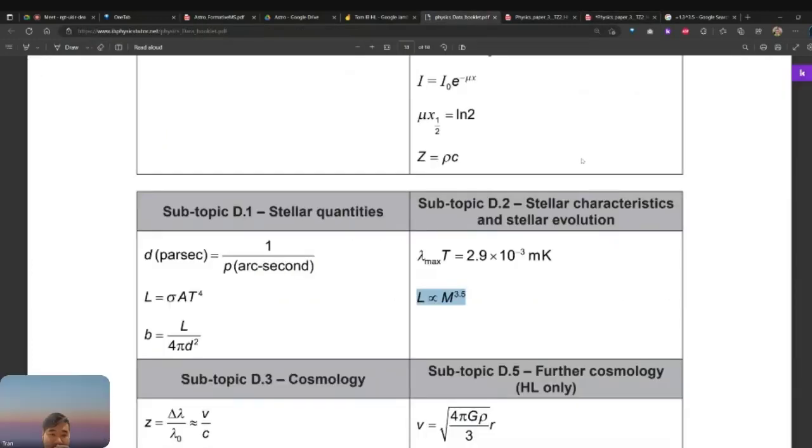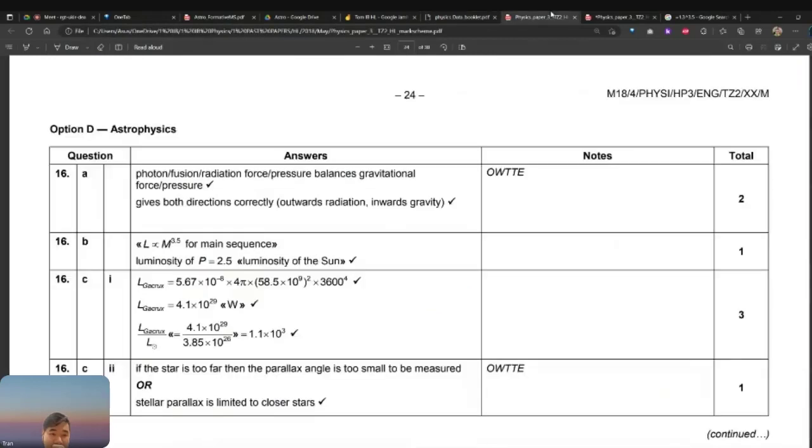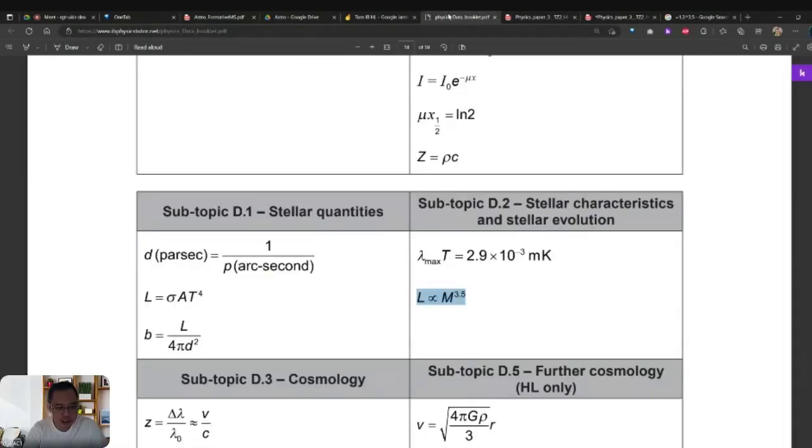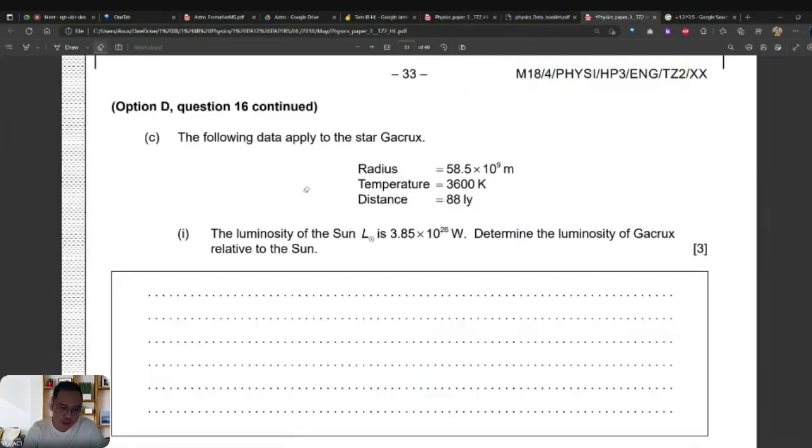The middle one, the second equation, D1: luminosity, area and temperature to the power 4. But the area, we don't know the area of this star. But then we have the radius. Having the radius, we can determine the area. Temperature to the power 4, and sigma.